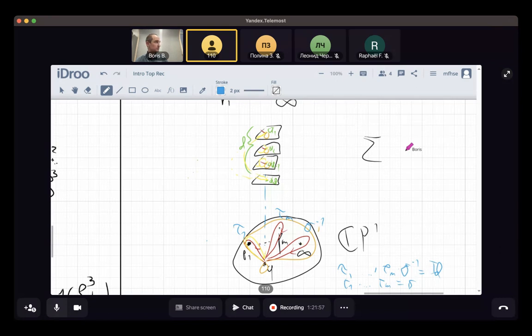What does this dividing by n factorial correspond to? It corresponds to the fact that we introduce some arbitrary ordering on our sheets, right?